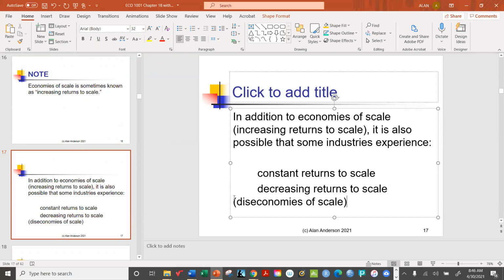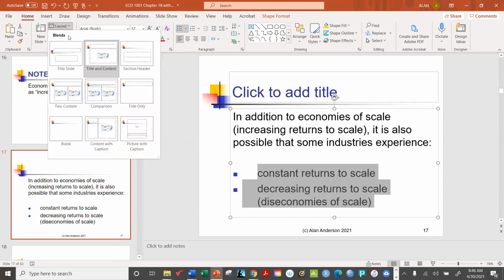So what separates them all is the shape of that long-run average total cost curve.